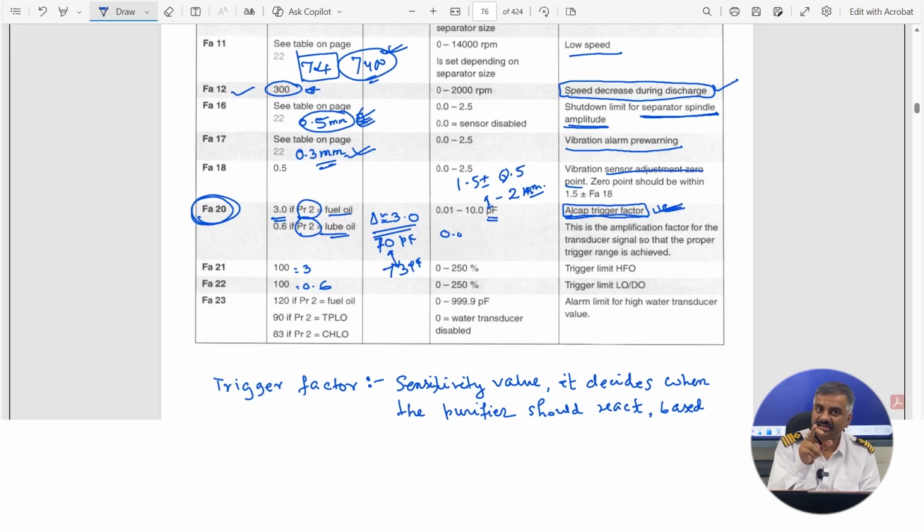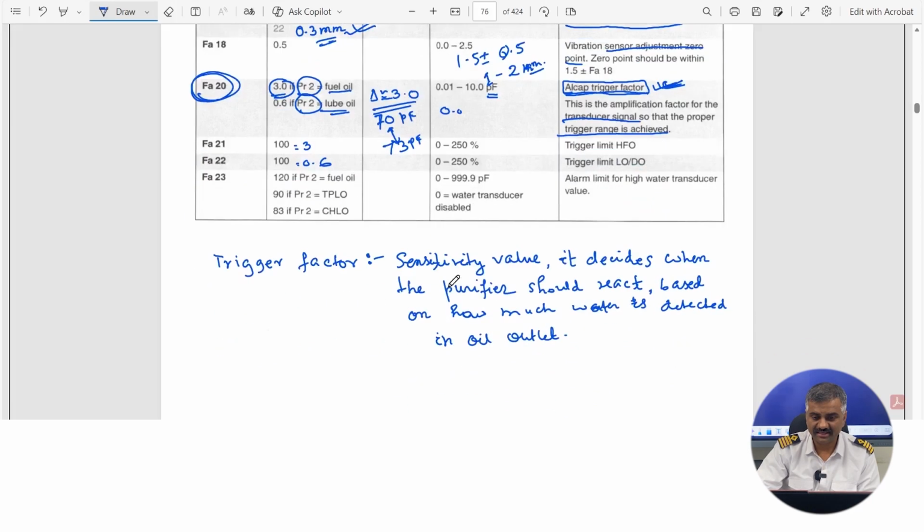Because this trigger factor will give the signal. The MT50 water transducer will give a signal to the EPC50 that it is now time to open the drain valve V5, right? So the drain valve will open when the LCAP trigger factor becomes 3. This is the amplification factor for the transducer signal, so that the trigger range is achieved.